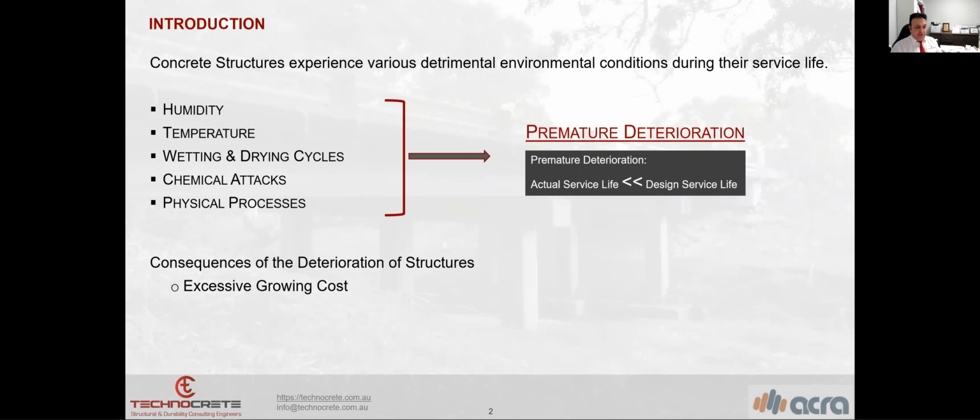The consequences of this deterioration are excessive growing cost because of the high cost of operations for the repair of the structures, environmental impact, the demolition of the structure, using material, using resources, power, and more carbon dioxide emission to the environment. Then safety issues, we will review this a little bit later.